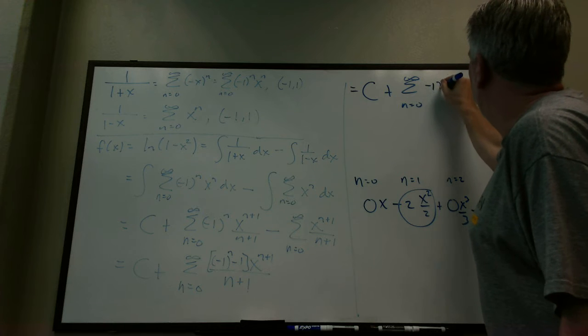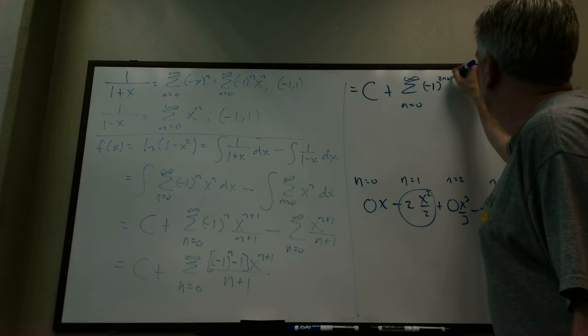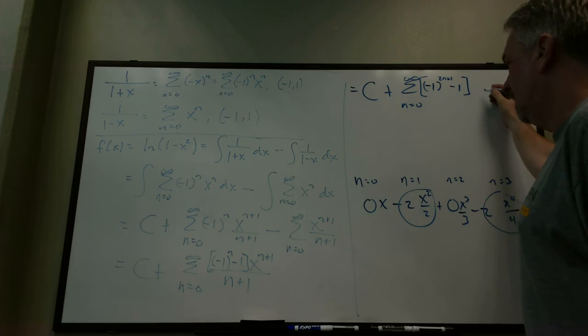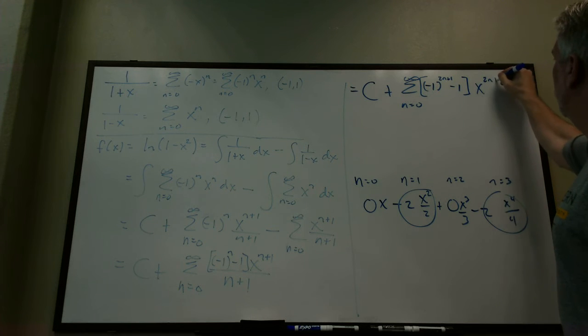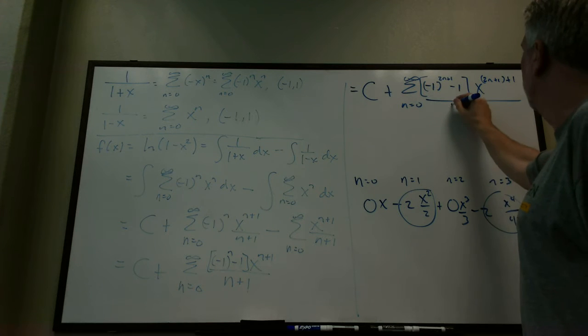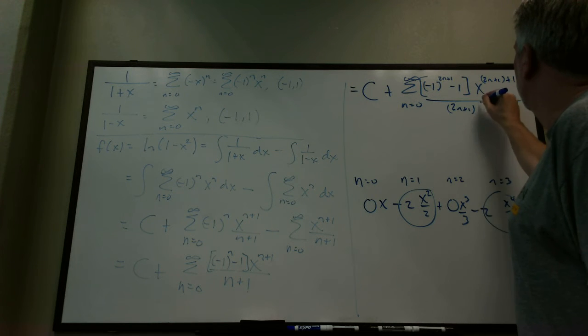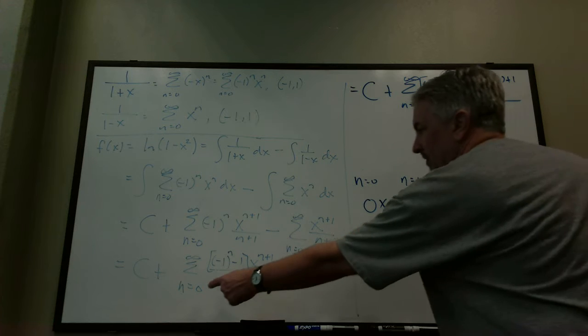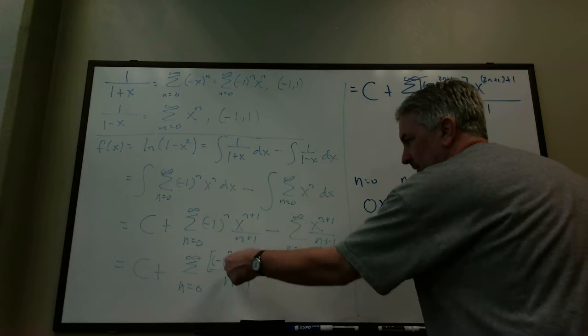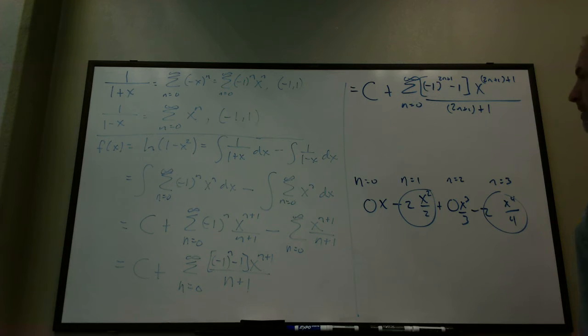So it's negative 1 to the 2n plus 1 minus 1, x to the 2n plus 1 plus 1, and then divided by 2n plus 1 plus 1. So everywhere in the sum, but not in the lower limit, I'm replacing n with 2n plus 1.